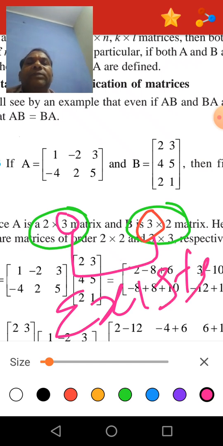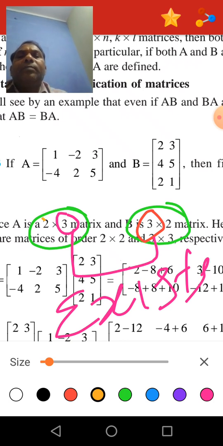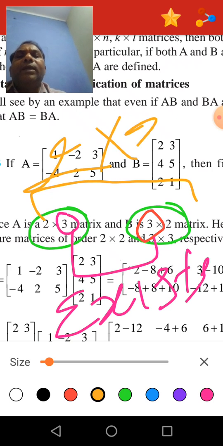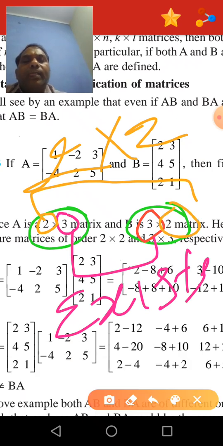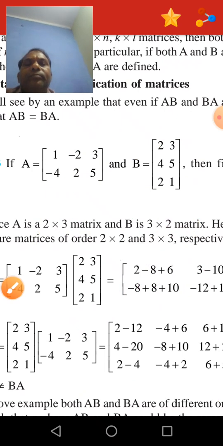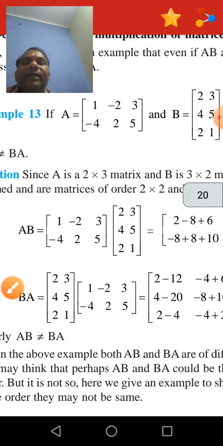Clear? And the order of the product will be 2 by 2, because 2 and 2. Clear? Now you can find easily.